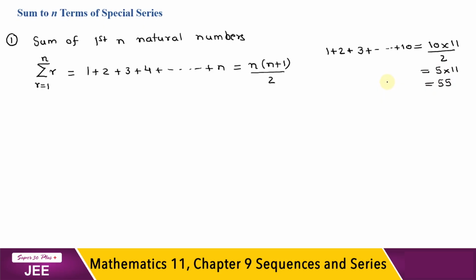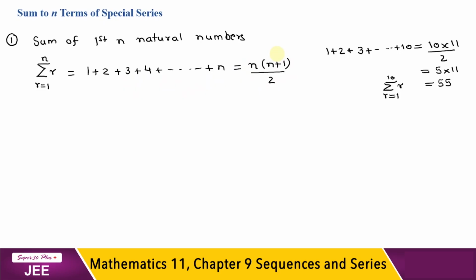In sigma notation, we can write it as sigma r, where r lies from 1 to 10, so the maximum value of n is 10. We have applied the formula n into n plus 1 by 2 in order to get the answer very quickly. Once you memorize the formula for the sum of first n natural numbers, you are not supposed to add all of them one by one. You can simply put the value of n here in order to get the answer.